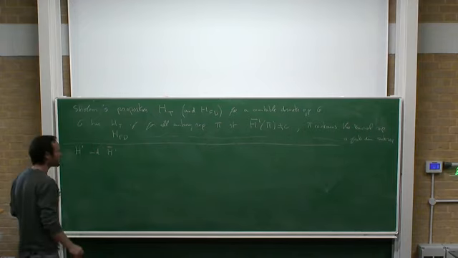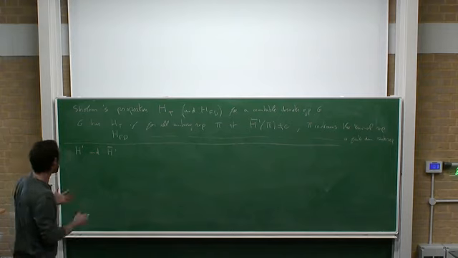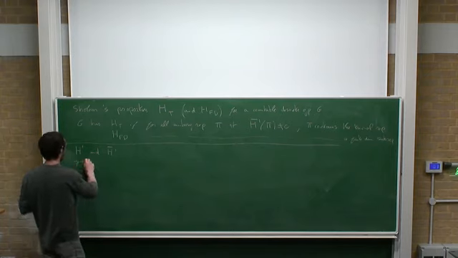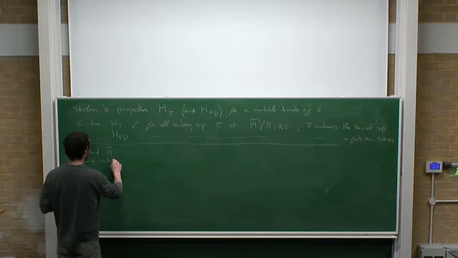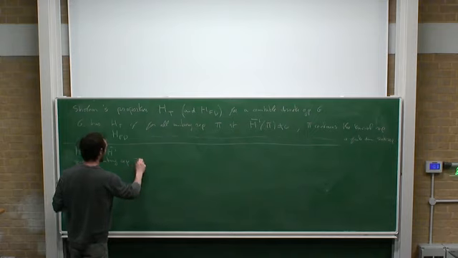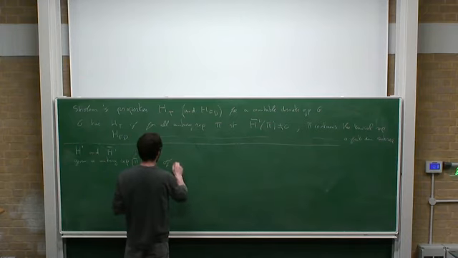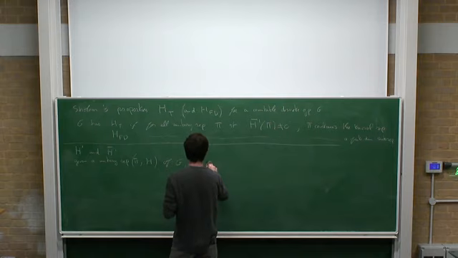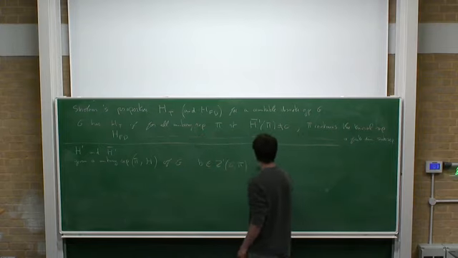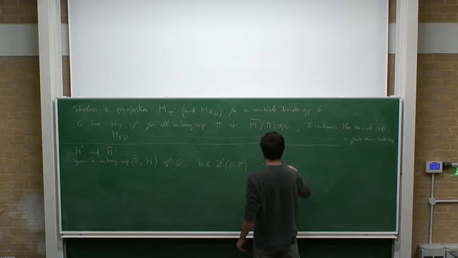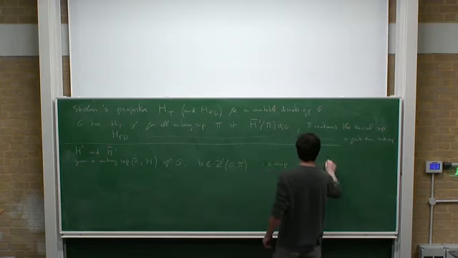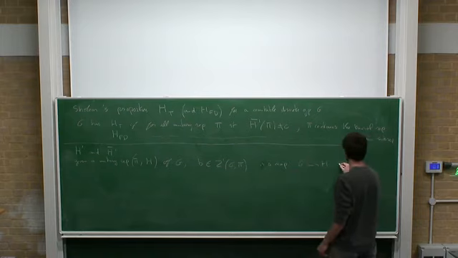So this is cohomology. First I need to define what is a cocycle. Given a unitary representation pi, H being the Hilbert space of pi, B is a cocycle if, what is a cocycle? B is a map from G to H, satisfying the cocycle relation.